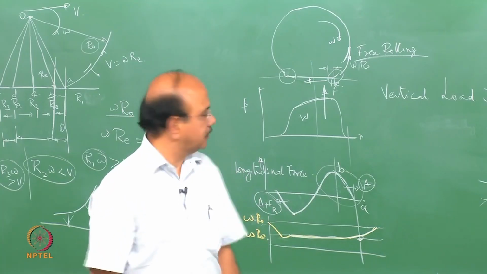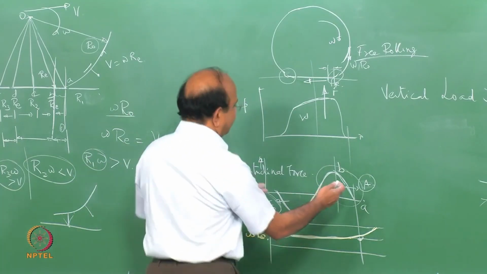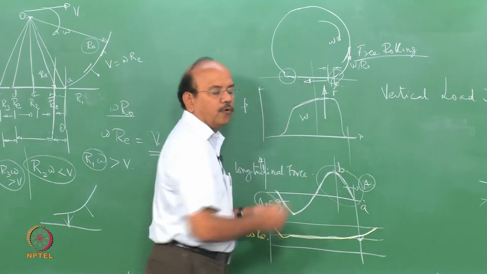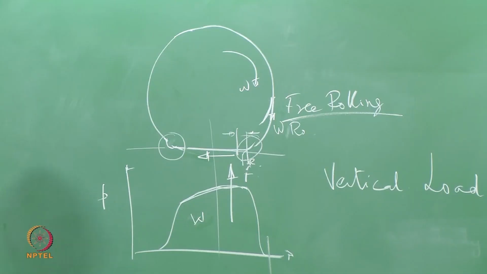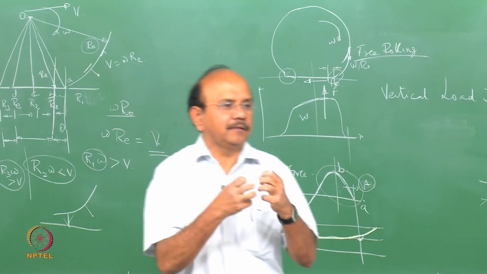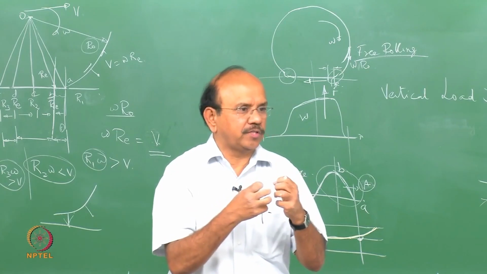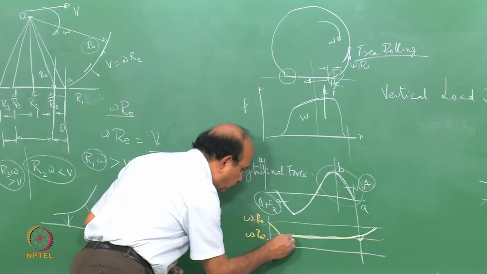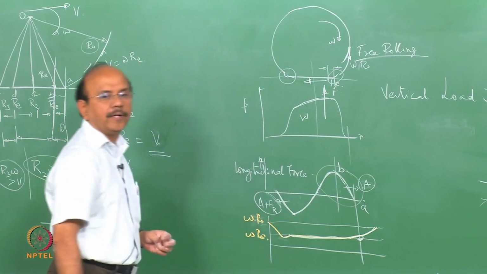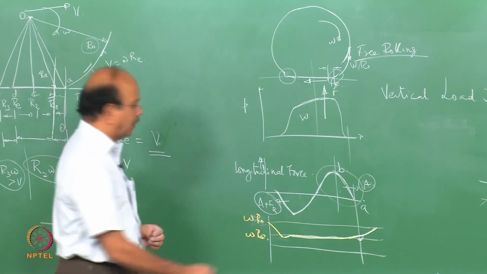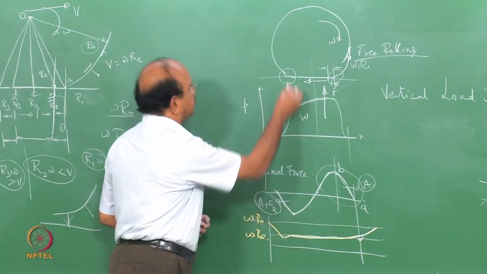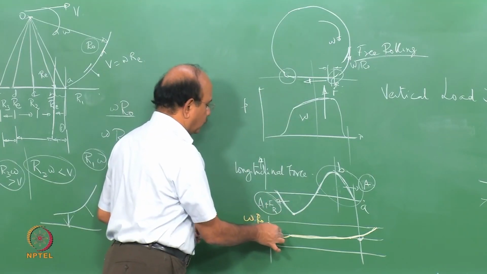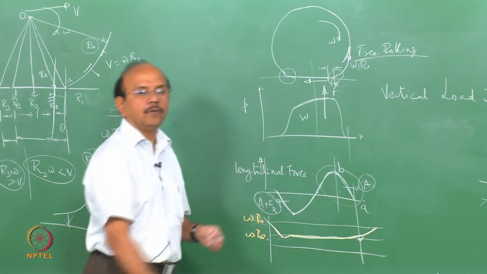This is because the rolling resistance has given me a force there, and that force gives me an extra compression towards the end, and that results in further drop of my omega r, and then I rise after this, and then I go back to my original velocity.